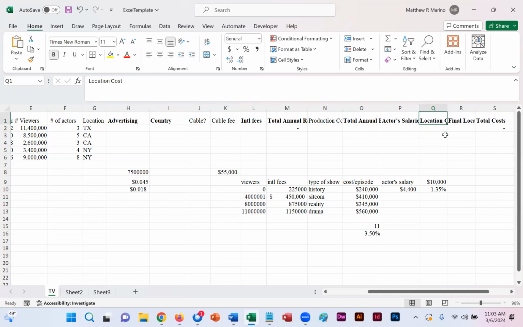So I have location cost here and final location cost. For location cost, you're basically just checking to see if it's New York, so you do an IF function.